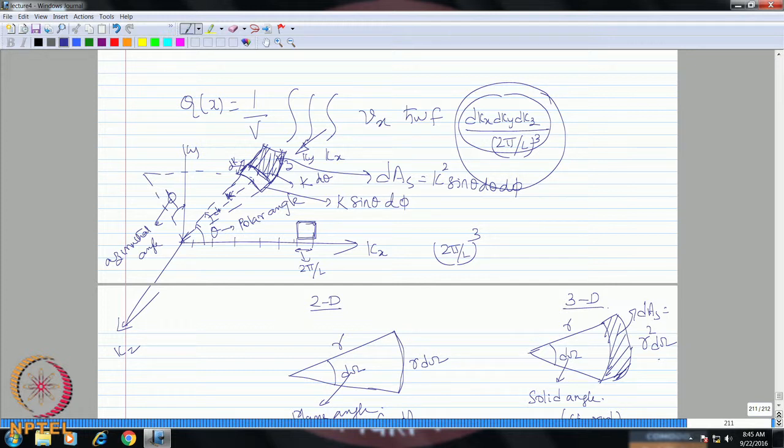This is the way I convert a discrete summation into an integral. Now, my dkx, dky, dkz is nothing but the volume subtended by the solid angle. So, I can rewrite this as k square dk sin theta d theta d phi divided by (2 pi by L) the whole cube.